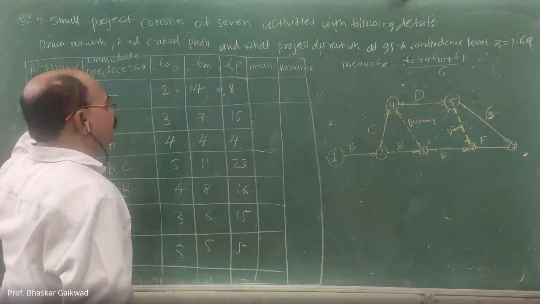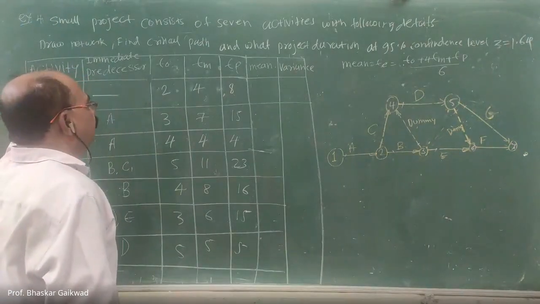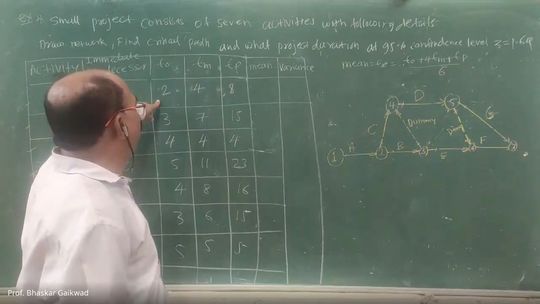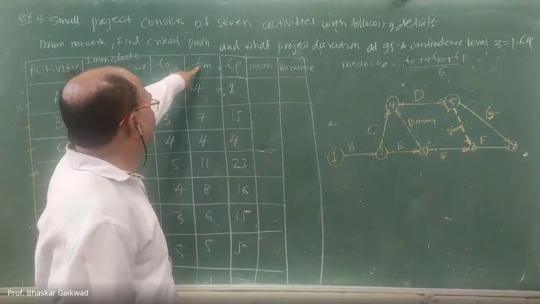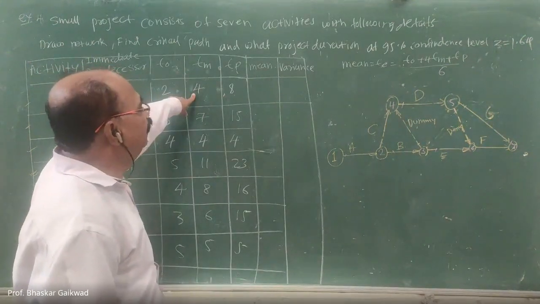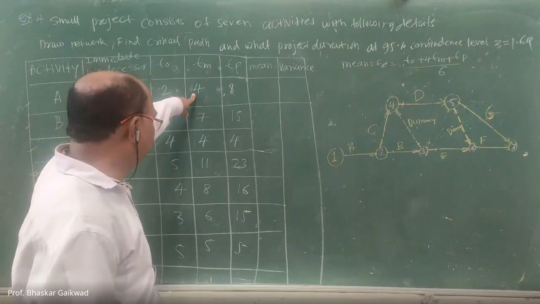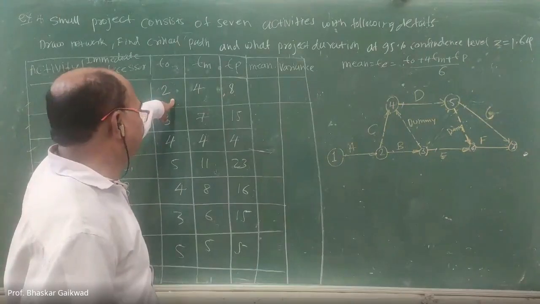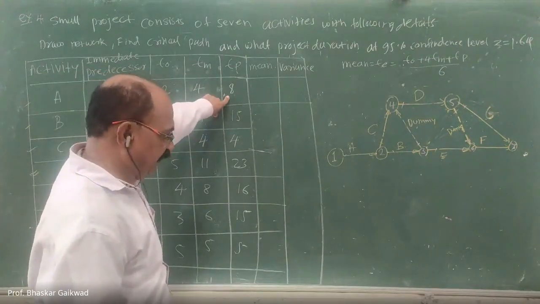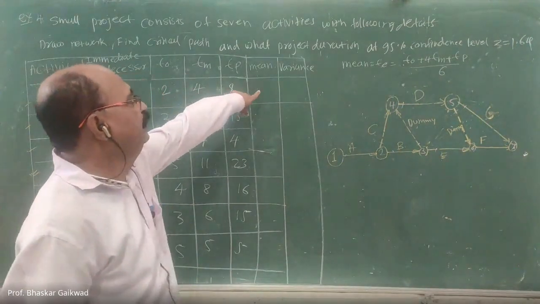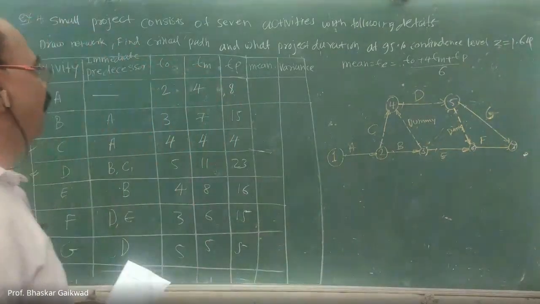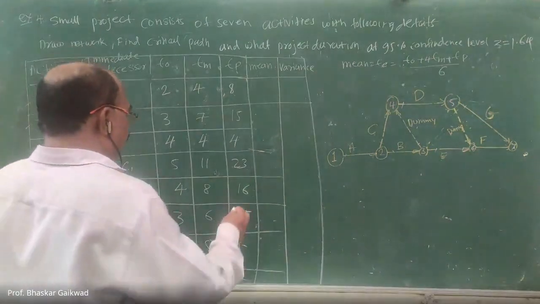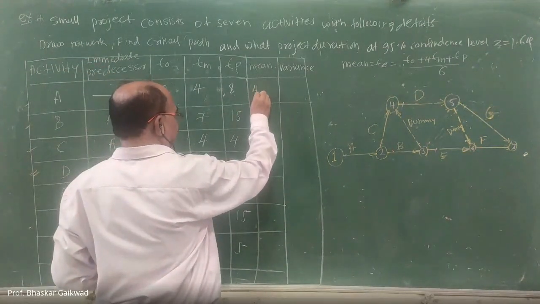Let us consider first this A activity. Optimistic time is 2. Most likely 4. 4 into 4, 16. 16 plus 2, 18. 18 plus 8, 26. Divided by 6. How much then? My answer is 4.33.